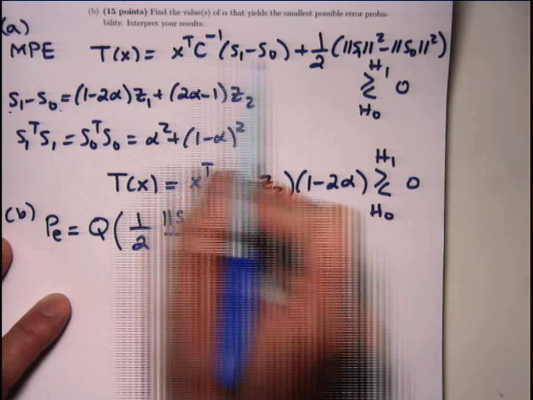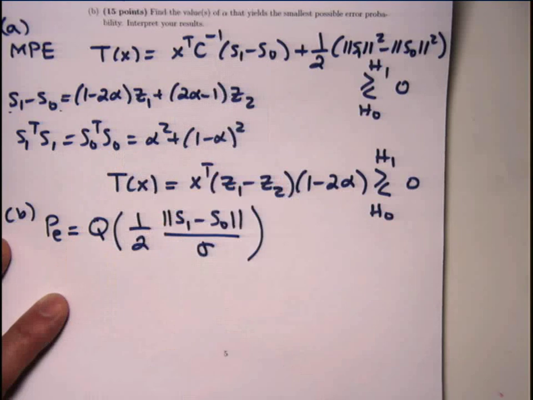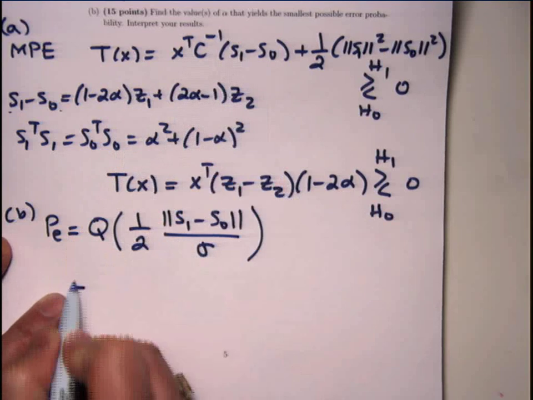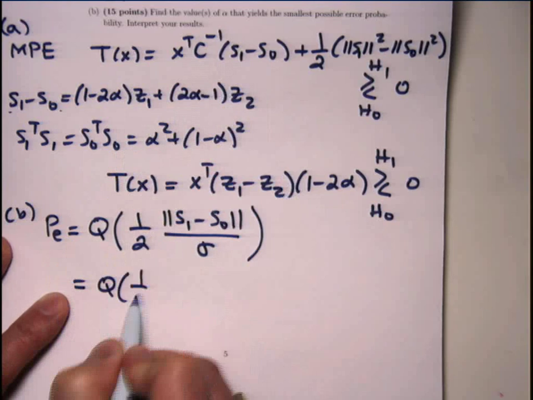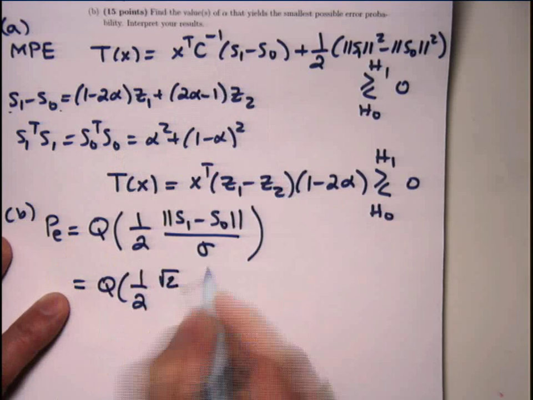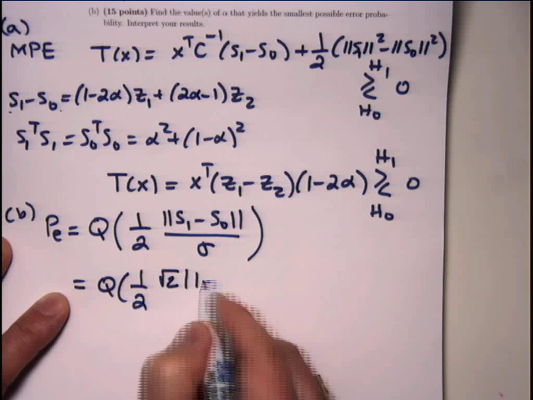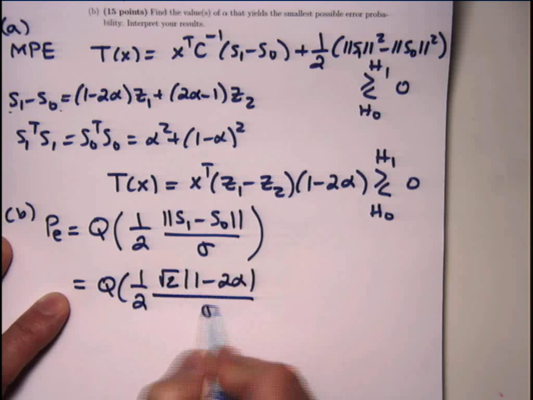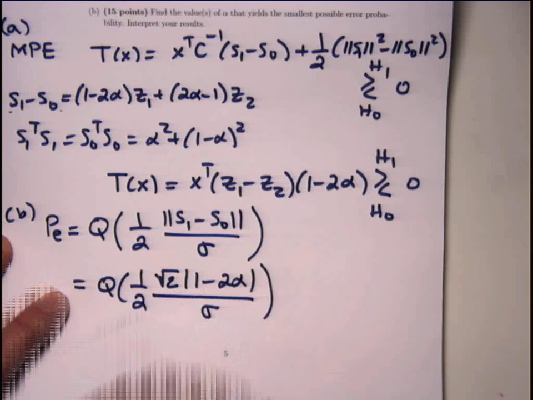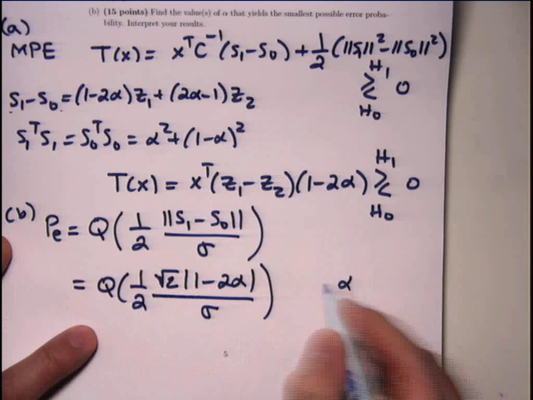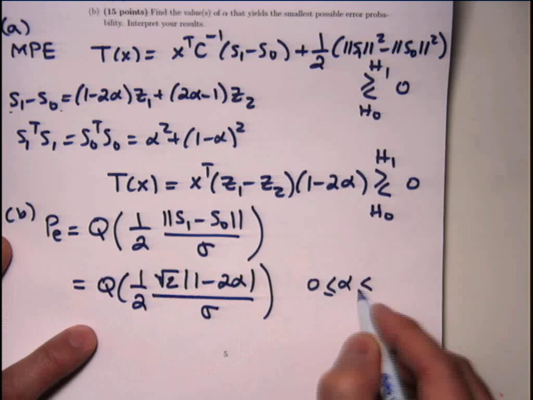That's what this numerator is. And if you simplify that, what you get is Q of 1/2 times the square root of 2, absolute value of 1 minus 2 alpha, divided by sigma. And alpha, one has to remember, is between 0 and 1.